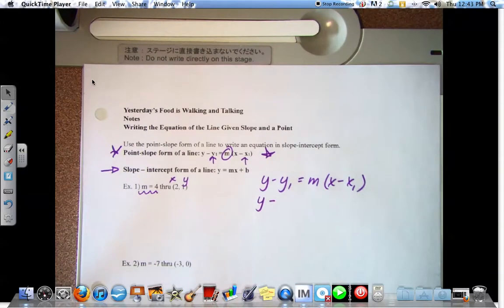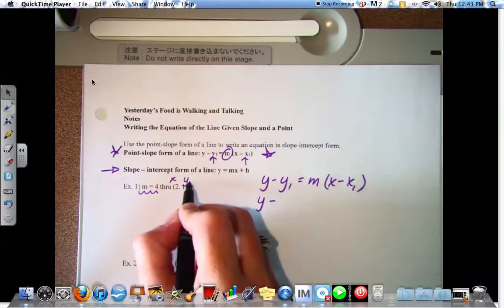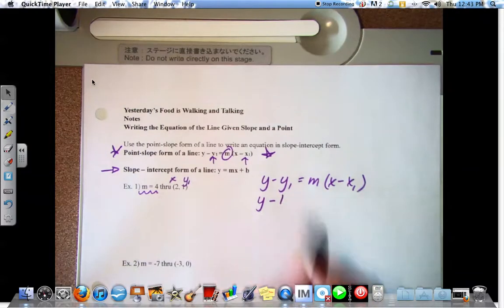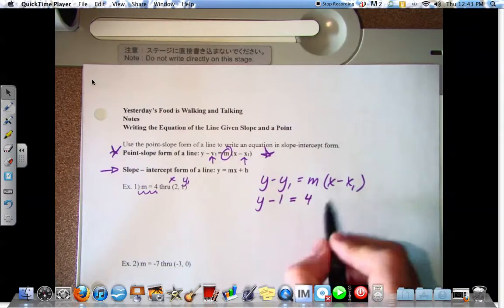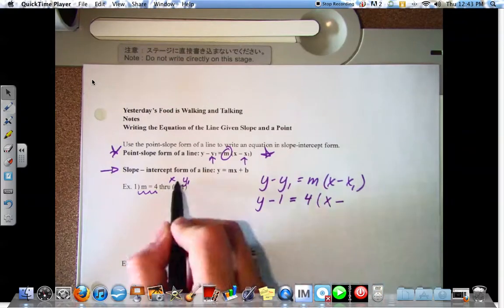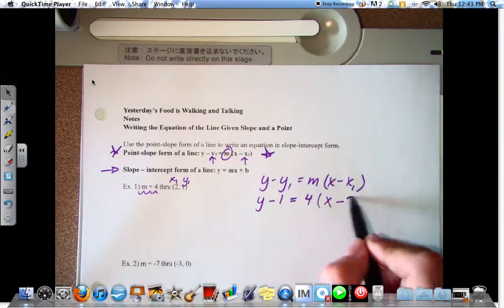Y minus, our y1 value is the 1, equals, our slope is 4, times x minus our x1 value, which is 2.